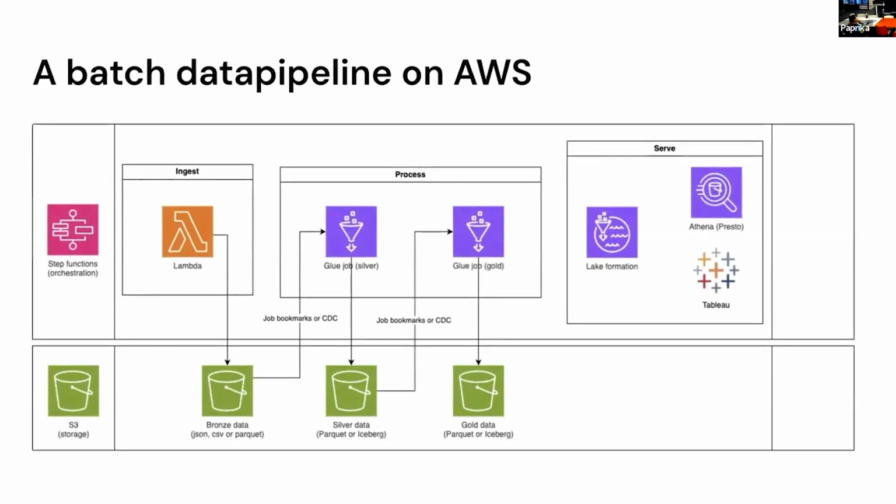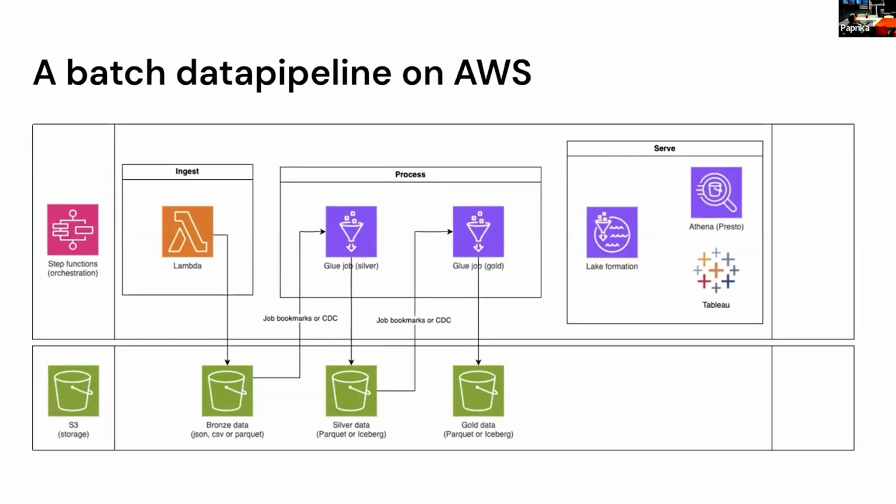This is a very simple high-level architecture diagram of how a simple pipeline on AWS could look. These are some of the services we also use. Step Functions for scheduling, the data pipelines, orchestration, and whatsoever. For some of the ingestions, especially for REST APIs, we use Lambda and some other services.